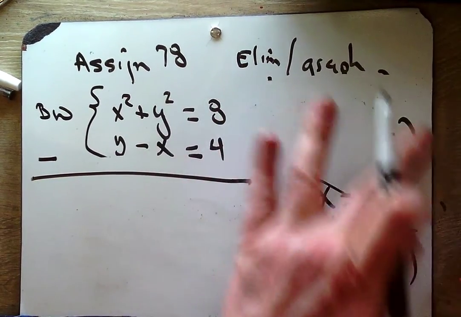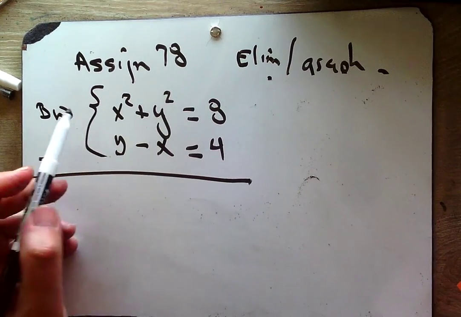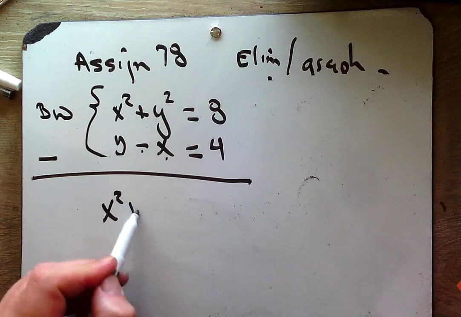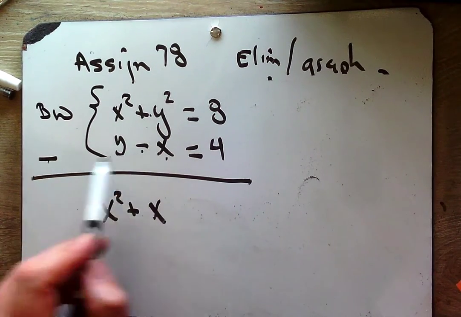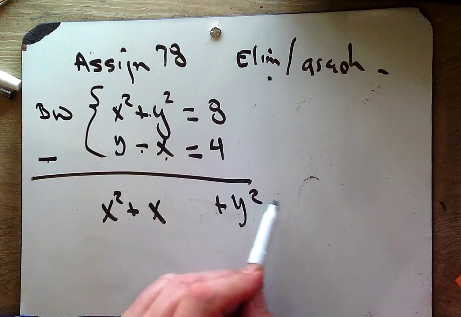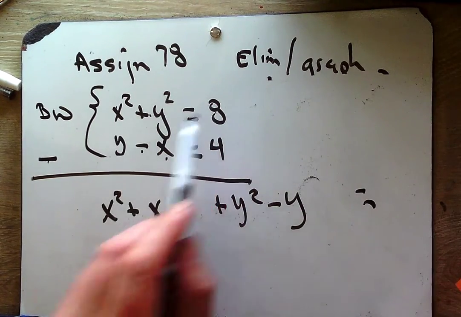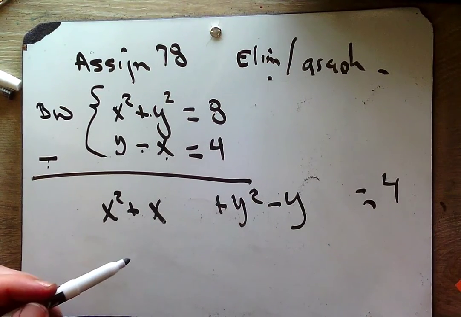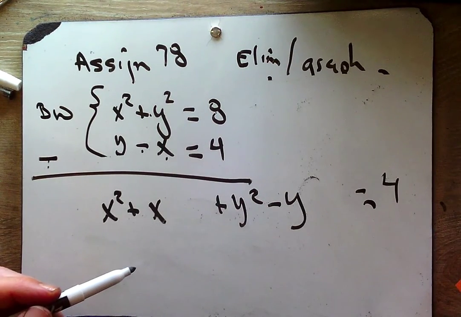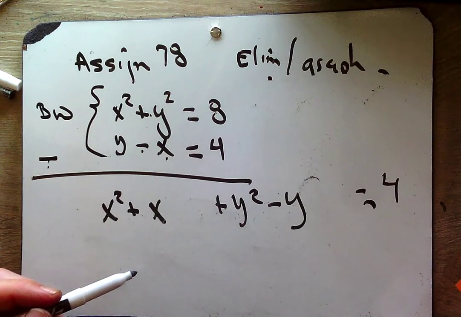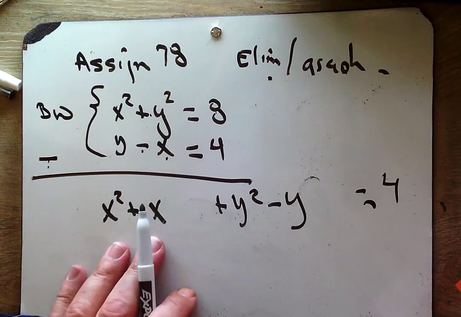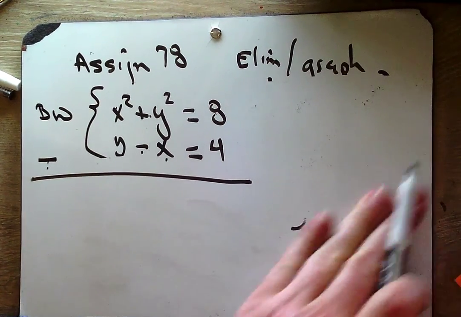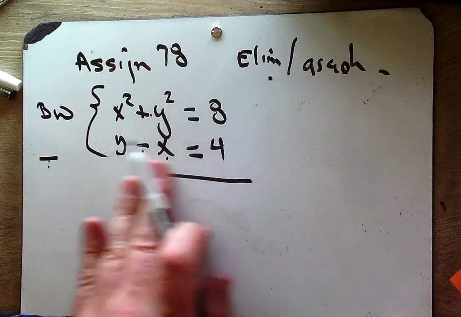I just see that I'm going to have x squared minus x, and I'm going to have y squared minus y, and then I'm going to have 8 minus 4. Well, that looks a whole lot like it's set up for turning into a new and different circle. Problem is I still have two variables. So yeah, no, that didn't work for me. So I don't think I'm doing that.